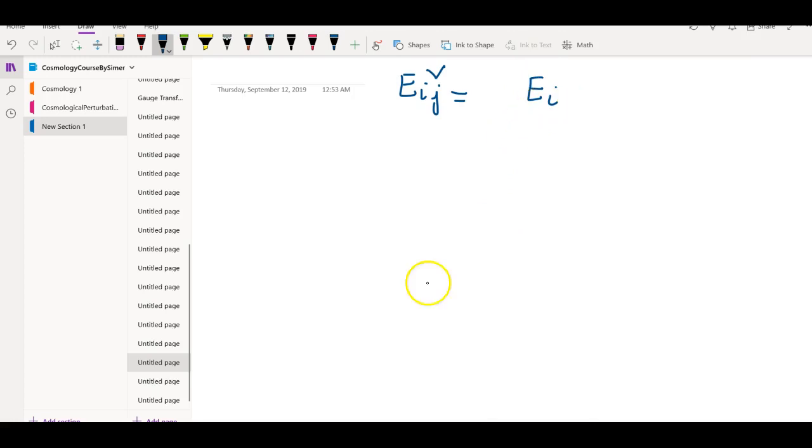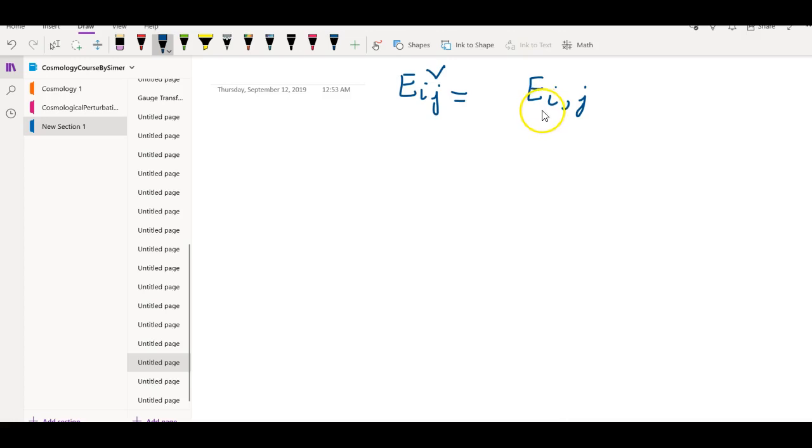So I need this EI vector. But here I have EIJ. So how can I bring J here? I can bring J down here by writing like this. So this is one way that I write EIJ in terms of EI comma J.